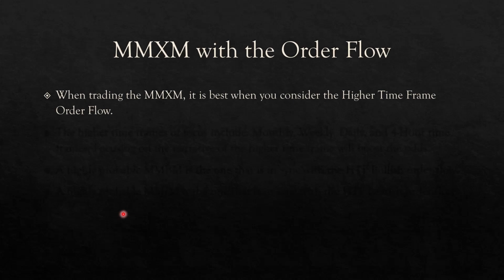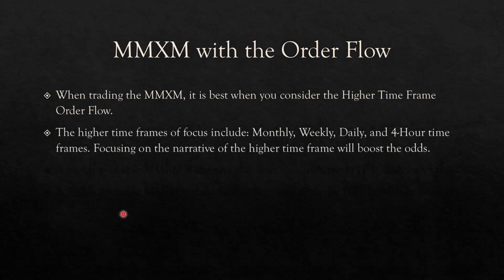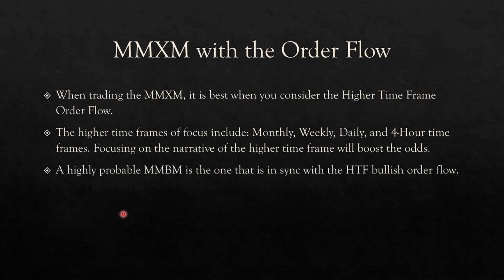But for you to have highly probable conditions, I challenge you to work with the patterns or the model that is in sync with the predominant order flow based on the high time frame premises. So the high time frames of focus include the monthly, weekly, daily, and 4-hour time frames. Focusing on the narrative of the high time frame will boost our odds.